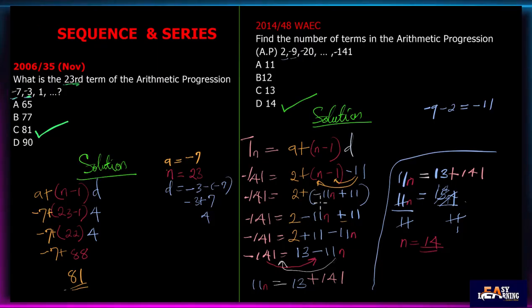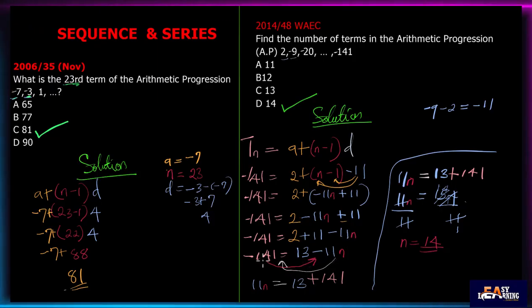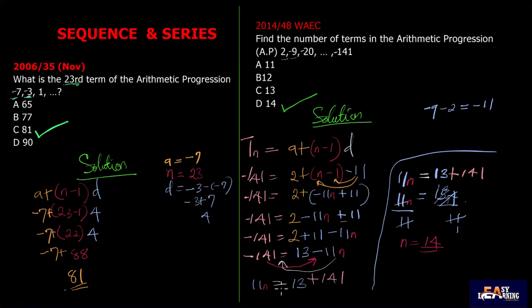We collected like terms on the right-hand side: 2 plus 11 was 13, and minus 11n remained. We interchanged: minus 141 comes over here, while minus 11n crossed over. Then we divided both sides by 11, and that was 14.